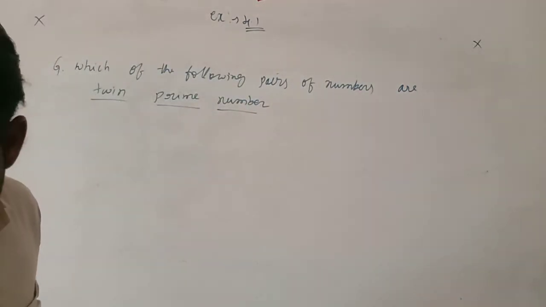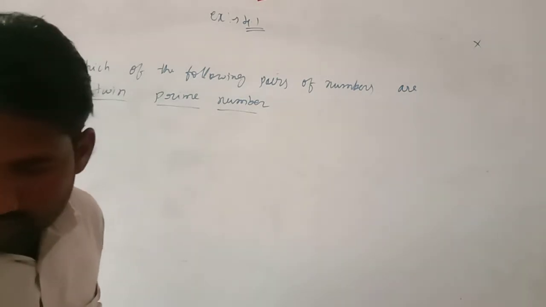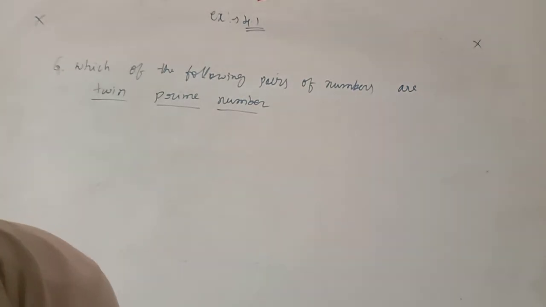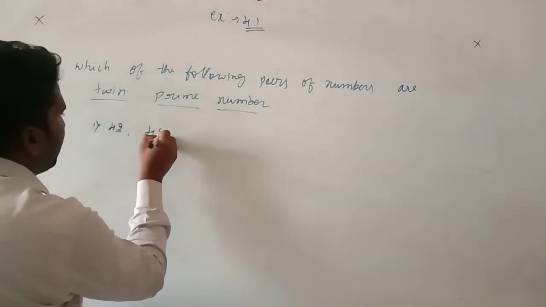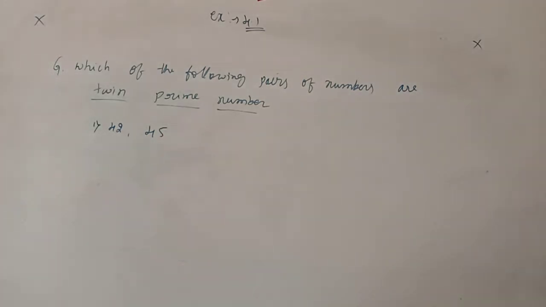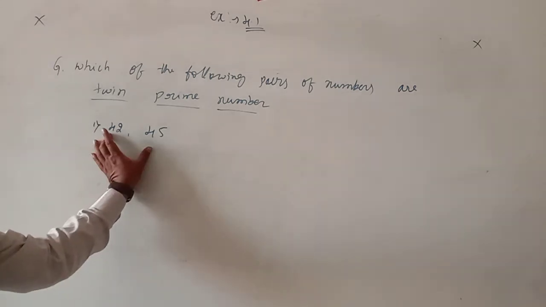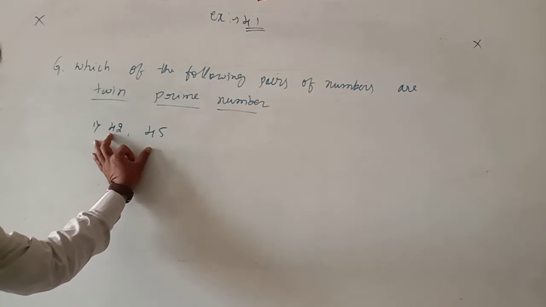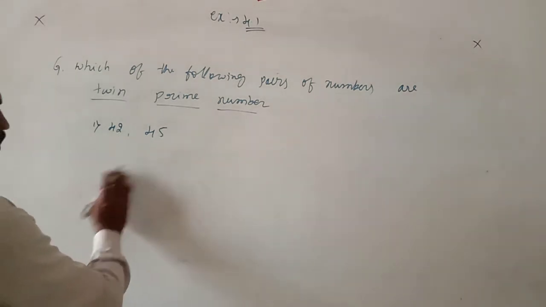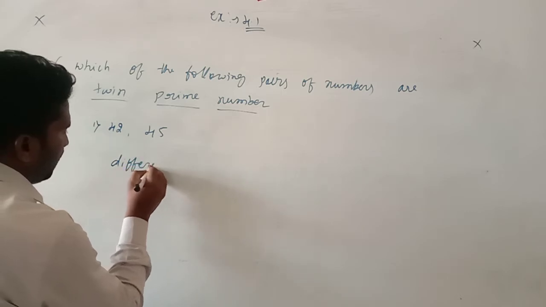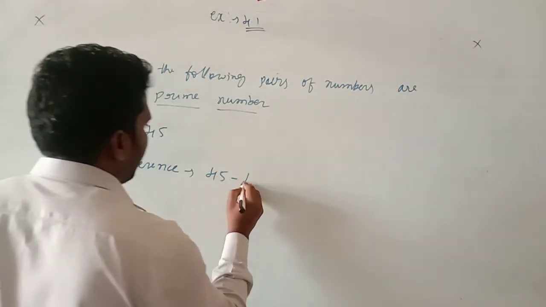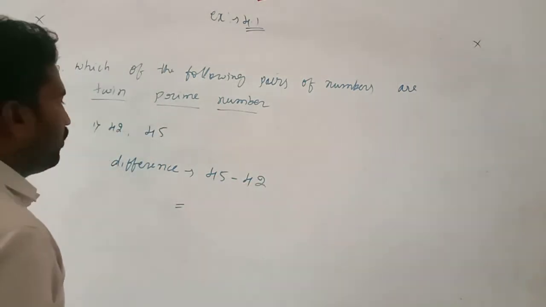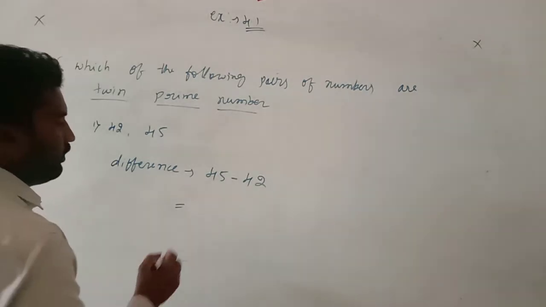See here, G1, first one, that is 42 and 45. Are these two twin primes or not? First of all, check the difference between these two numbers. 45 minus 42, so when we subtract 42 from 45, we get 3.